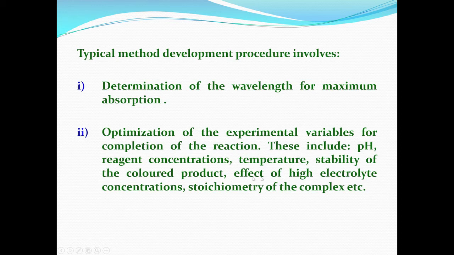So, high electrolyte concentration is one effect which everybody would like to determine. And then sometimes you want to know the stoichiometry, what is the type of complex, etc. These are the different parameters normally we need to optimize before a method is developed.